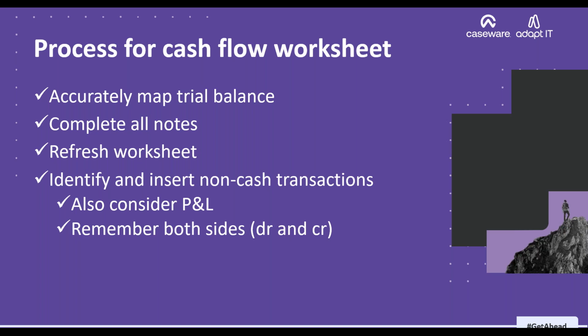Where it's obviously a non-cash transaction, the cash flow worksheet pulls that information through by itself. When you're happy with your mapping and with your note completion, just refresh the worksheet so that any changes will pull through. And then you're going to set up to identify and insert non-cash transactions.